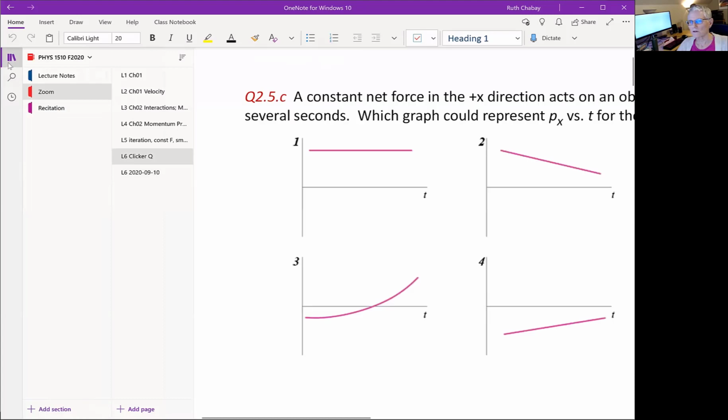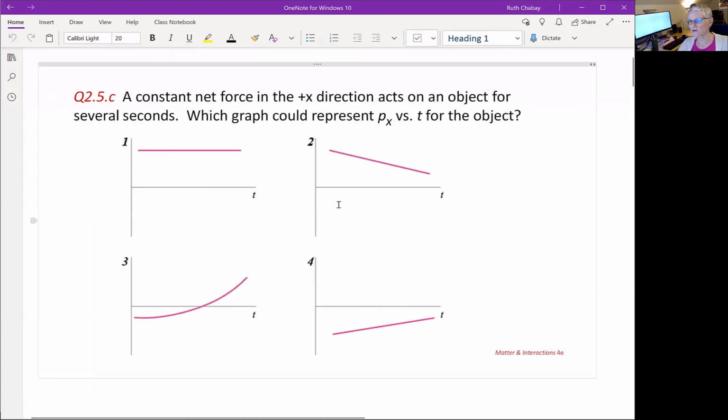So let's start out with a question. We have a system, we don't know what it is, but there's a constant net force in the plus x direction acting on this system for several seconds.